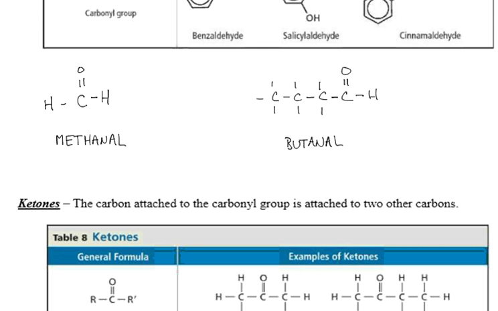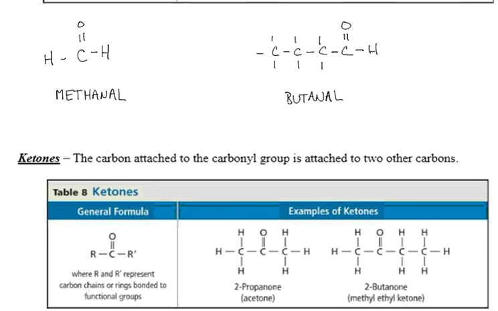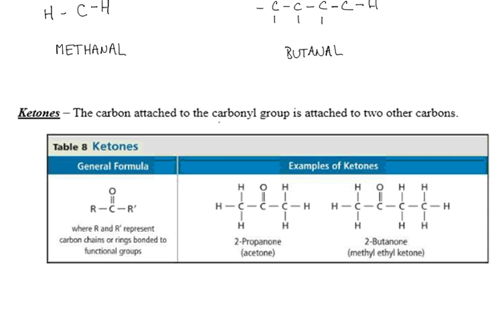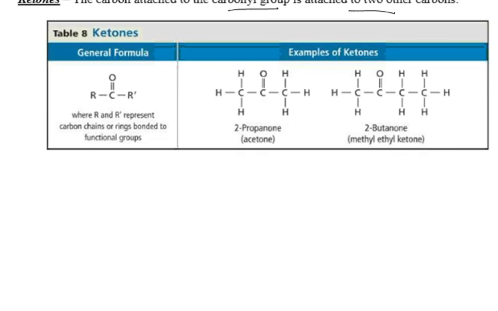Now, along with that are the ketones. The ketones have a carbon attached to a carbonyl group, which is an oxygen, but it's not on the end. So the carbon that's attached to the carbonyl group, the double bonded O, has to be attached to 2 other carbons.